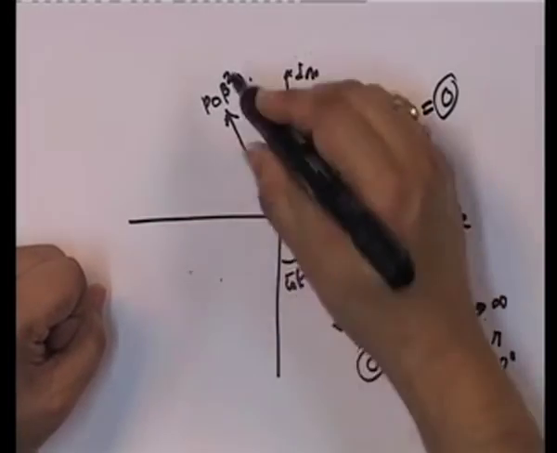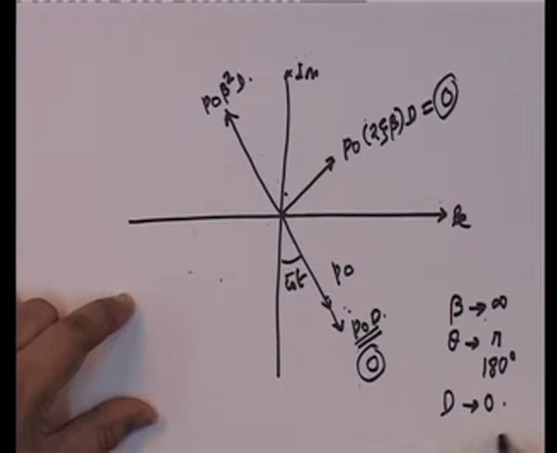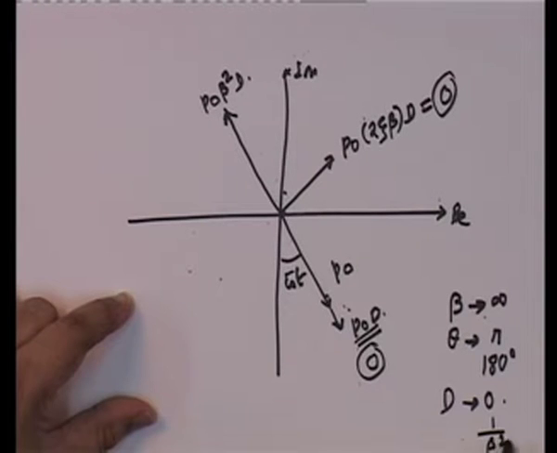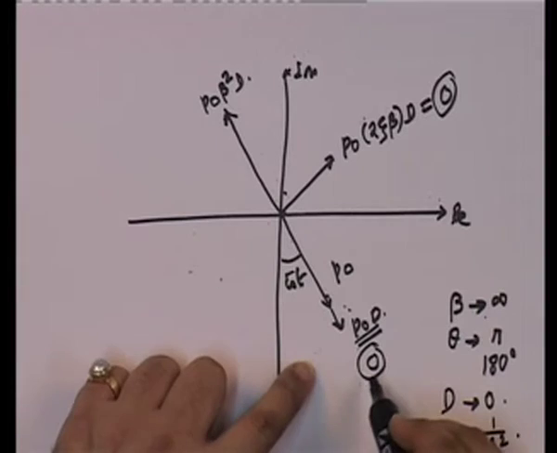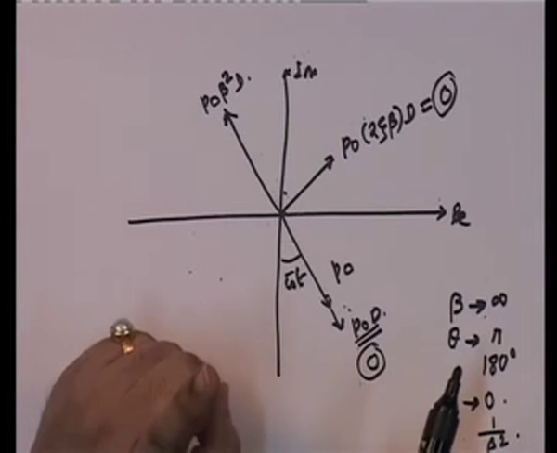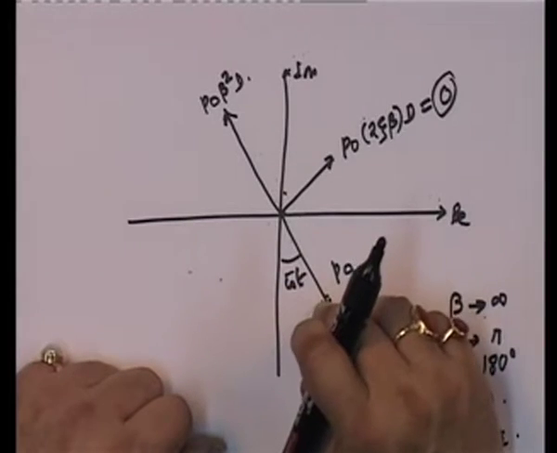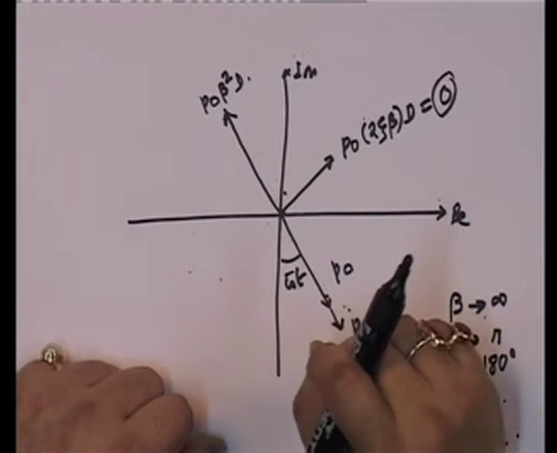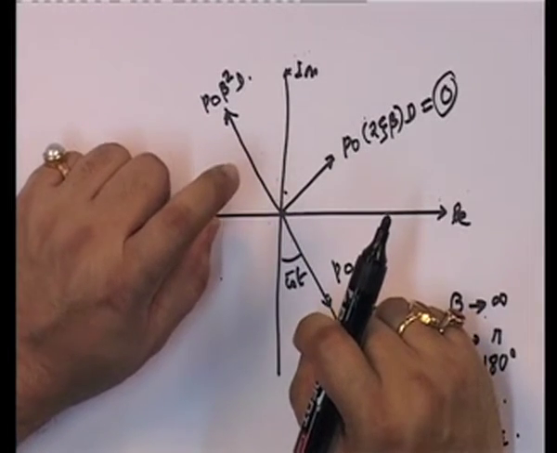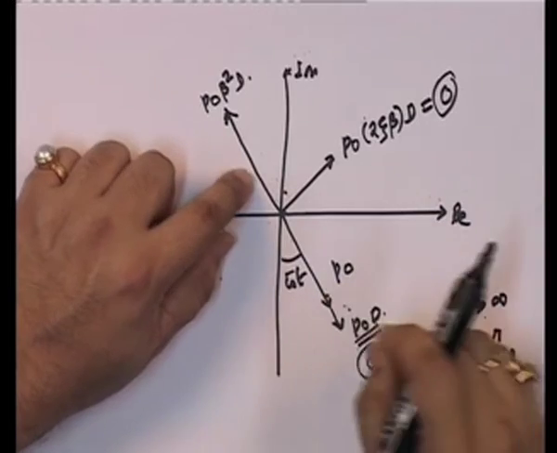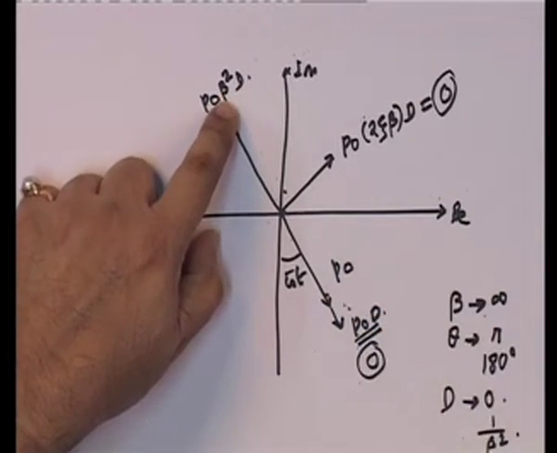And what is the resistance? Let us look at this. What is D actually? If you look at D, it goes as 1 upon beta squared. So, if you look at this, the elastic force is 0, the damping force is 0, and what resists the applied loading is the inertial force that balances the applied load, because beta squared d goes as 1 upon beta squared.